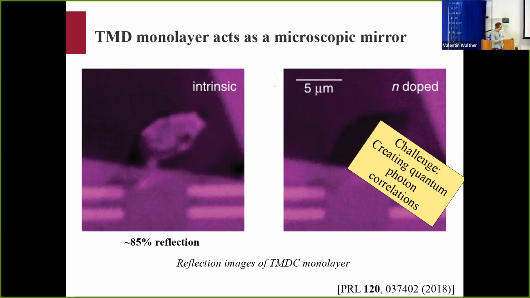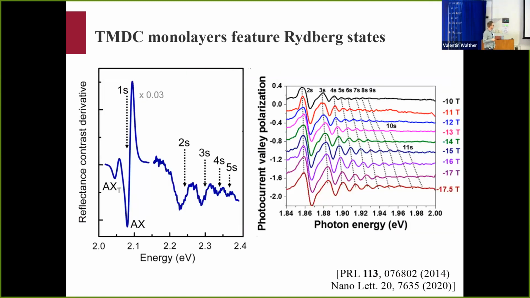But a challenge is: how can we now use that to induce photon correlations? We're coming back to the topic of the school, Rydberg states. Rydberg states have been seen, of course, in copper oxide, but also to a lesser extent in other materials like these two-dimensional materials. Here we see the first experiments with Rydberg states up to n equals 5. These are more recent experiments going up to n equals 11.